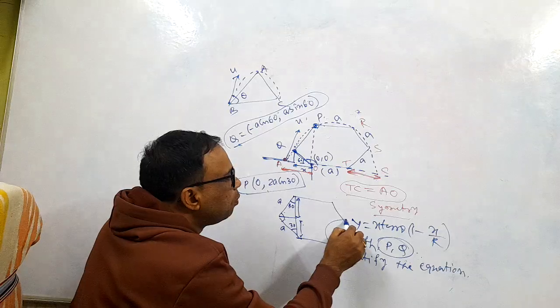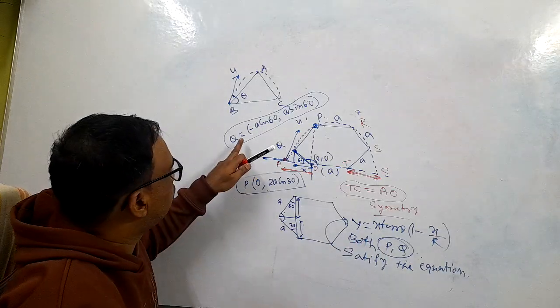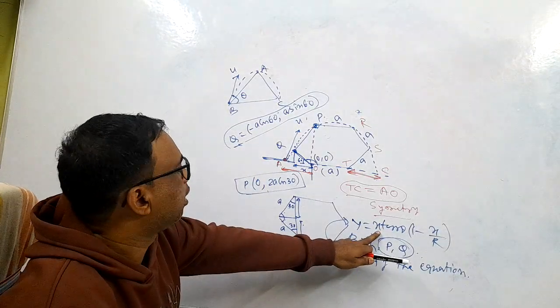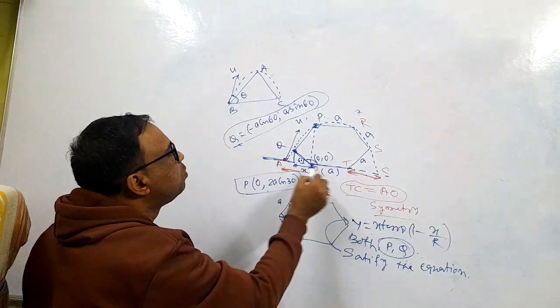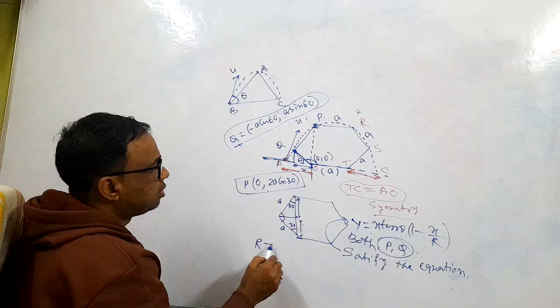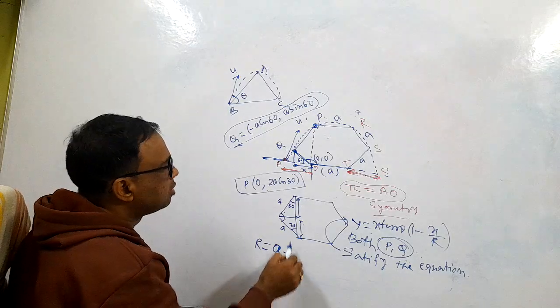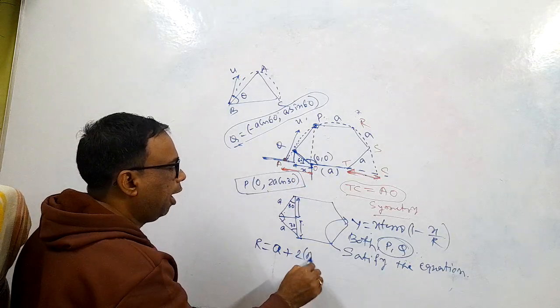So you can put the values of the coordinates of Q, x here and y here, and R means A plus twice AO.